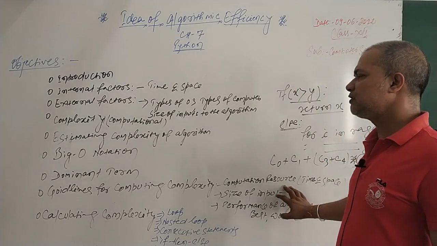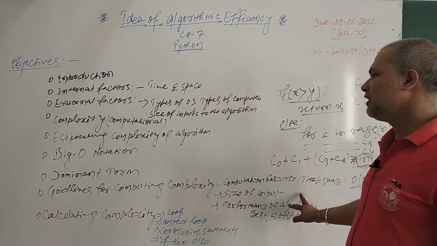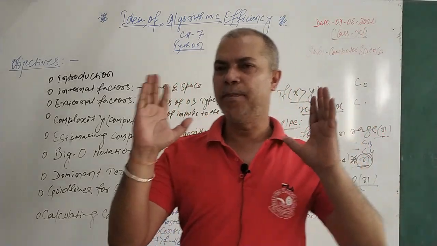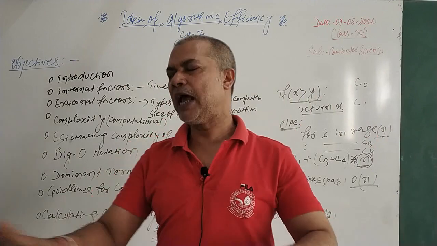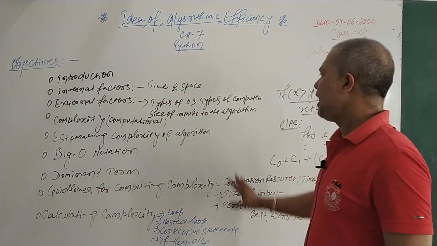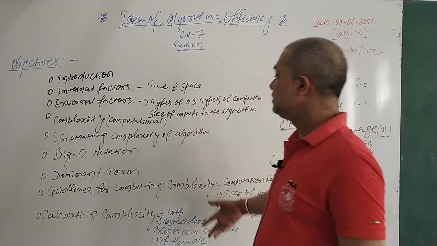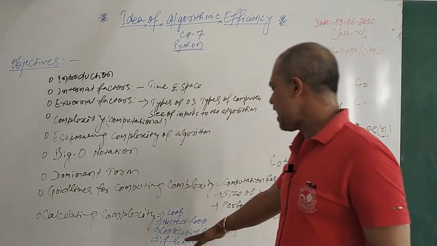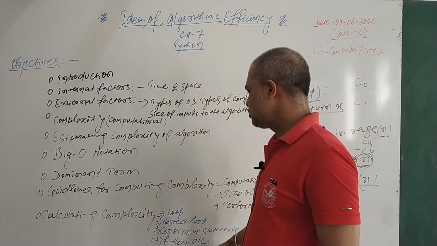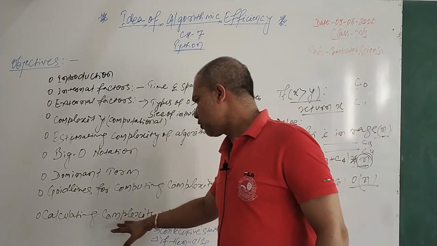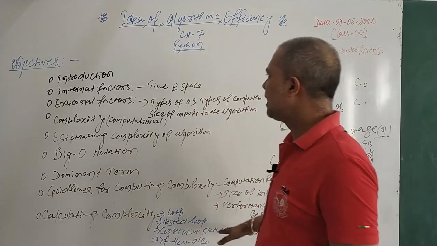Second, the size of the input is also a factor. And third is the performance in three different cases, worst case, best case and the middle or average case, that you have to find out. And then in a program, how many loops are there, how many nested loops, how many consecutive statements, and if then else, or logarithmic complexity. These five points are the factors for calculating complexity for any algorithm.